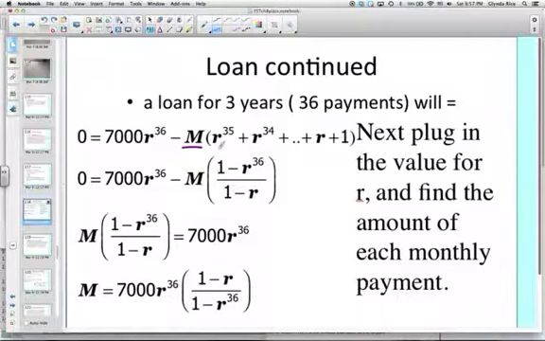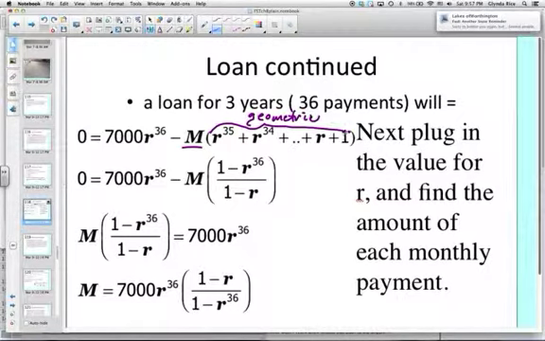Well, if you'll notice, this is a geometric sequence. Well, series, now that you're summing them up. The first term is 1. Then times R, then times R, then times R, all the way up to R to the 35th. And there's R to the 36th.